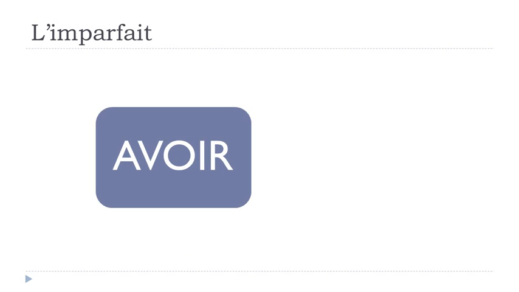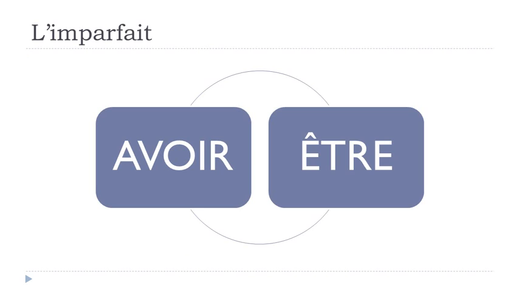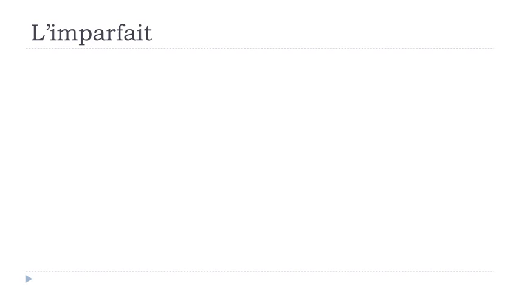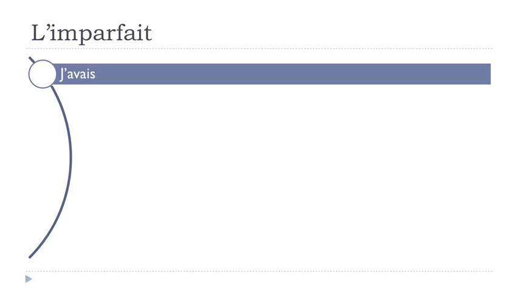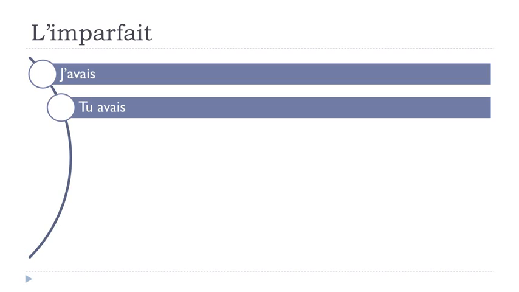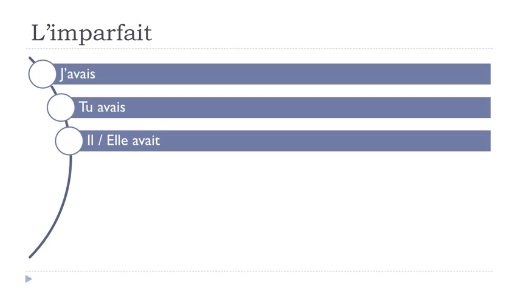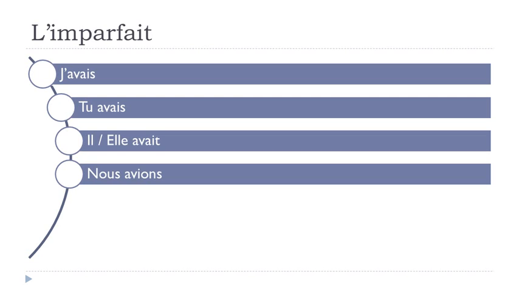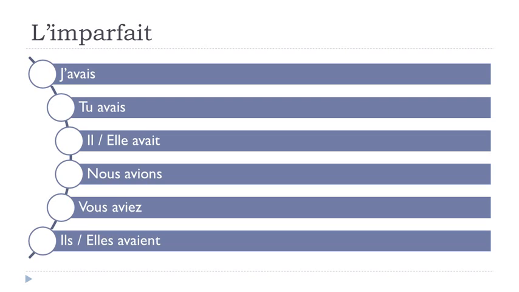And then of course, avoir and être can be in some cases quite tricky. So that's the reason why we'll take a few minutes to have a look at them. The first one, avoir, and well, it's not that tricky at all because it goes like that. J'avais, tu avais, il avait, elle avait, nous avions, vous aviez, ils avaient, elles avaient. So it is quite easy.